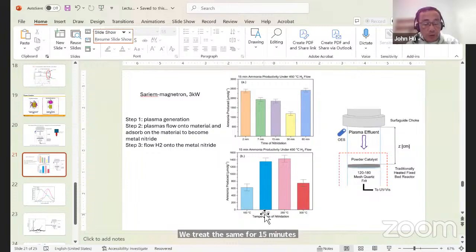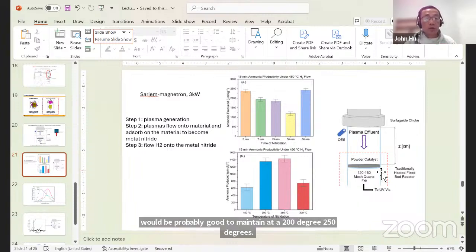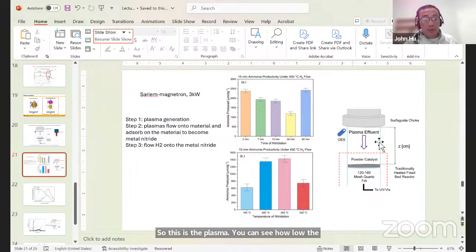We found 200 degrees C and 250 degrees C really give more ammonia. At 150 degrees it is too low. So it looks like the optimal temperature of this material is probably around 200 to 250 degrees C. You can see how low the temperature is that we run this material at, because we have this plasma generator to begin with.